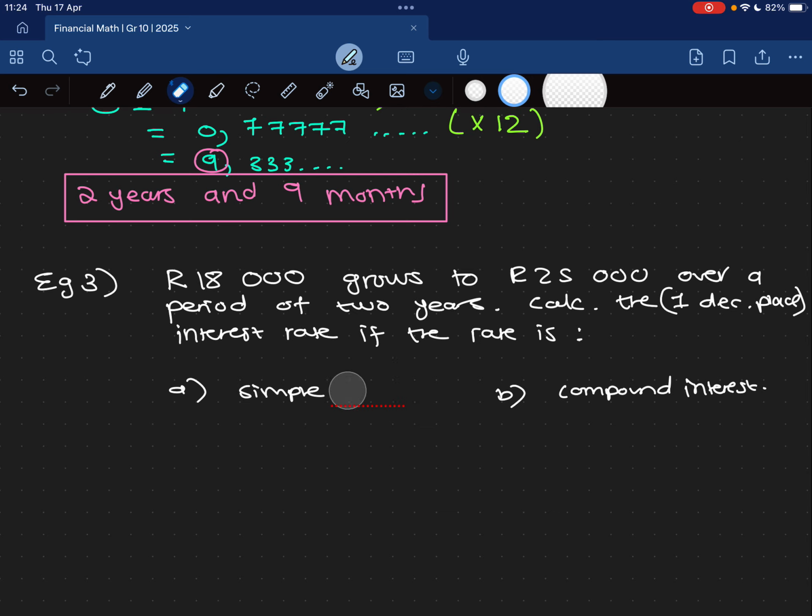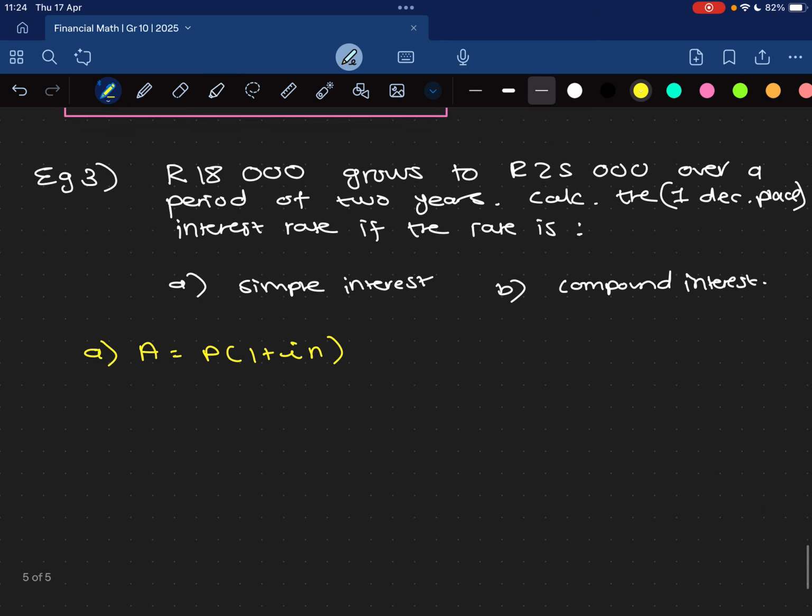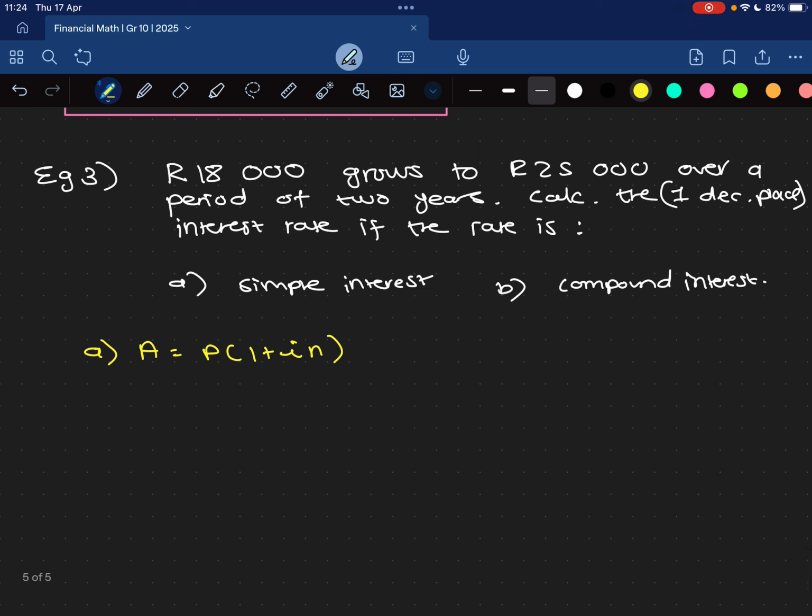Okay, so again, we're going to just start by figuring out what formula we need. So for A, I know I'm going to need the simple interest formula. Now, it says 18,000 grows to 25,000. So I know that this is the P value and this is the A value.